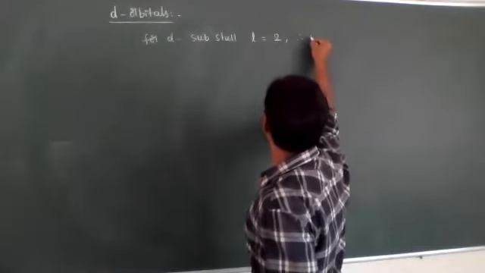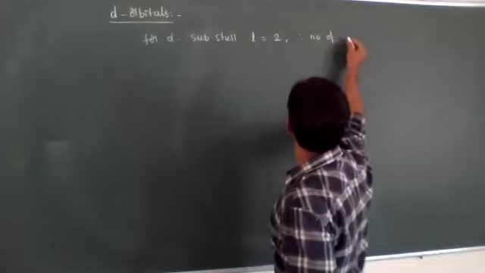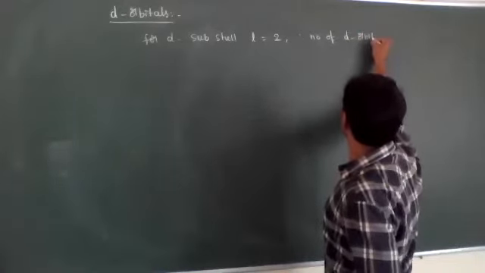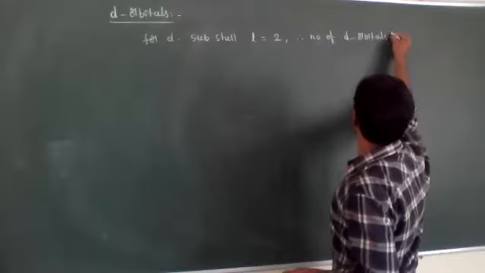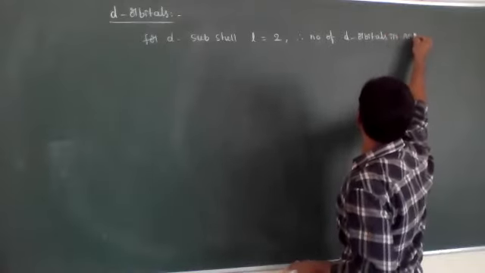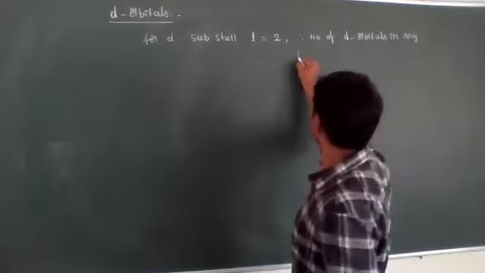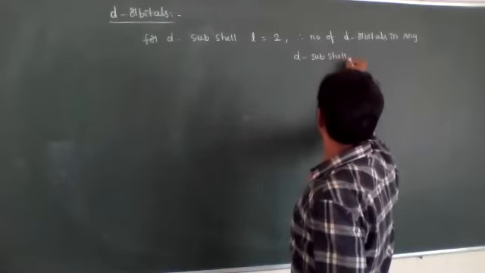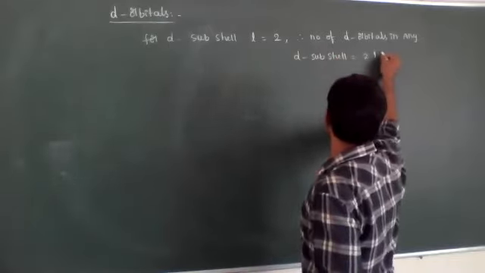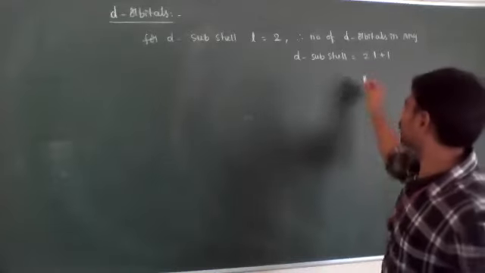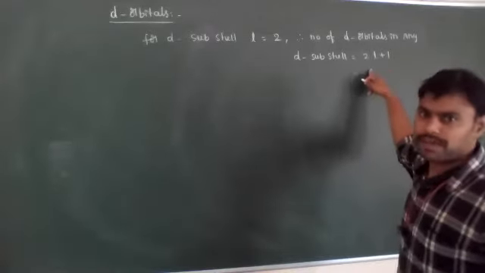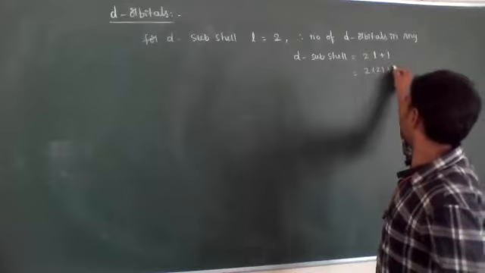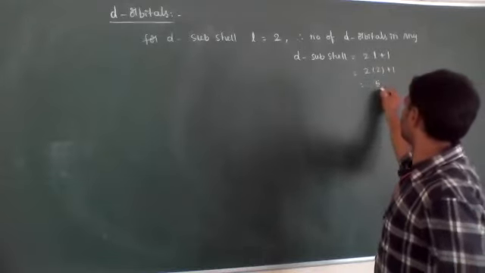Therefore, the number of d orbitals in any d subshell is given by the formula 2L plus 1. Substituting L equal to 2, we get 2 into 2 plus 1, which is equal to 5.